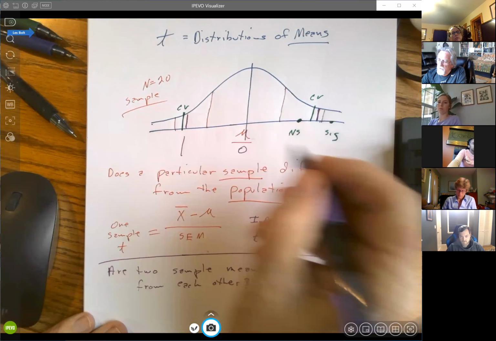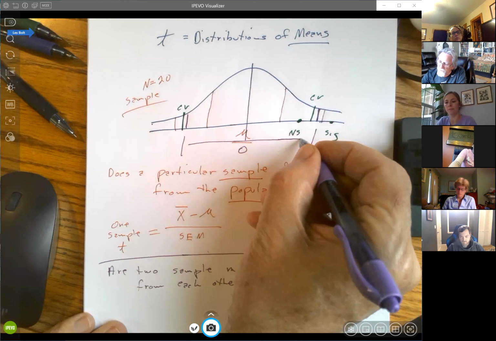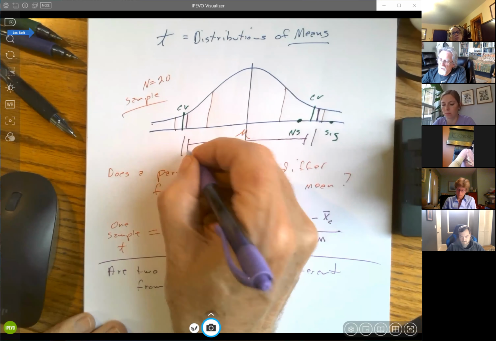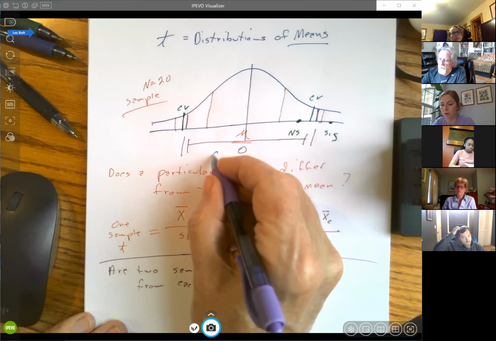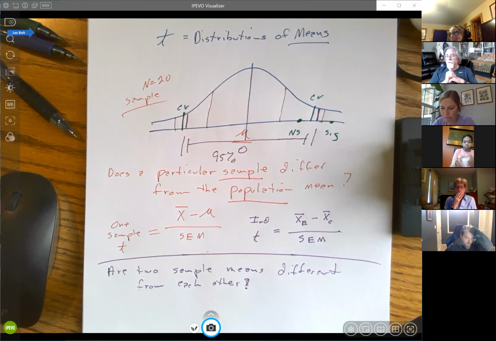In other words, if there's a range in here of potential differences, and 95% of them would be within that range, and if the difference between those two means is not within that range, then it's a significant difference.